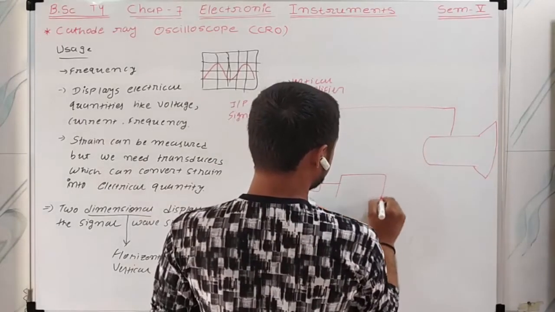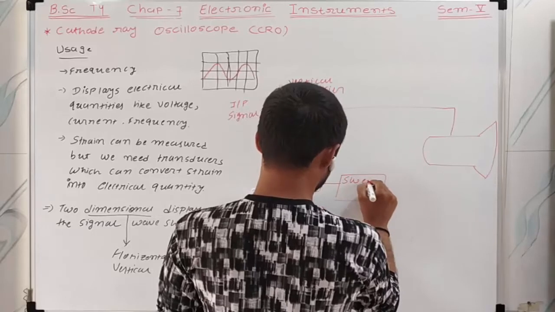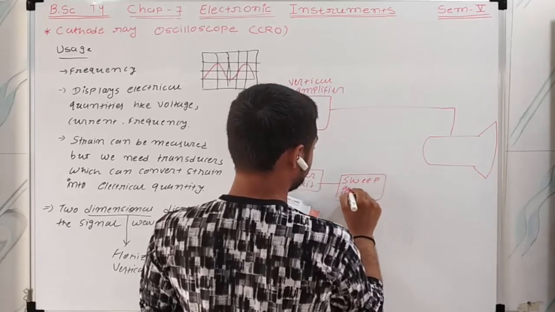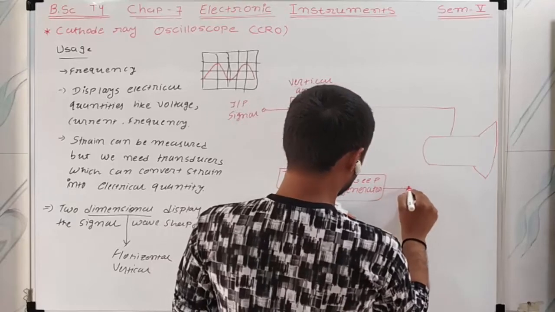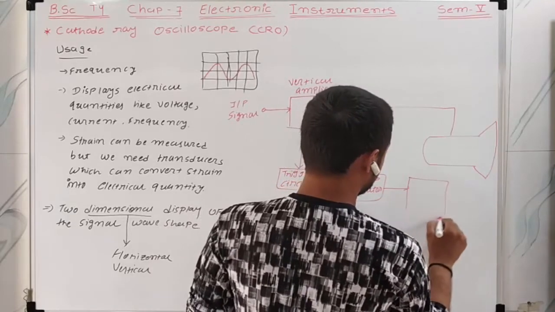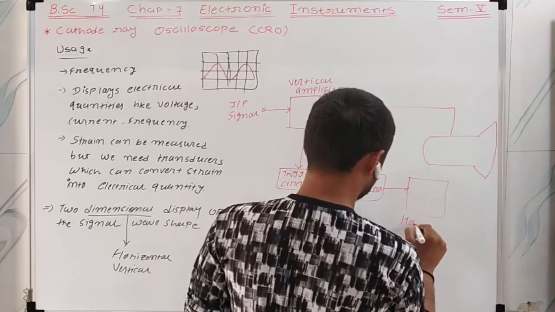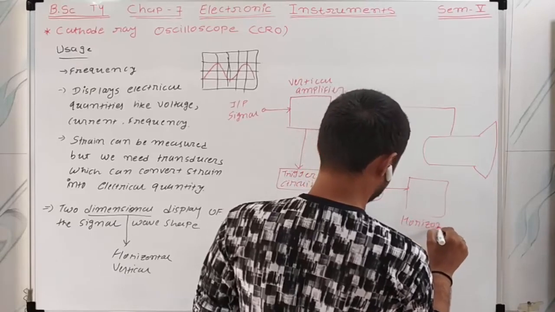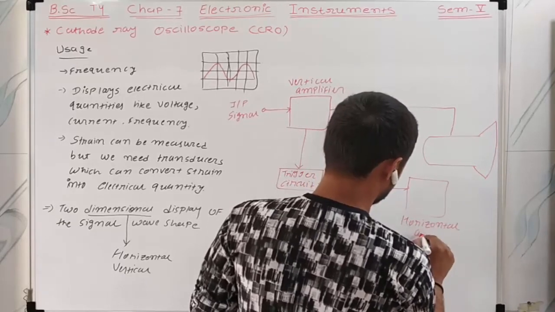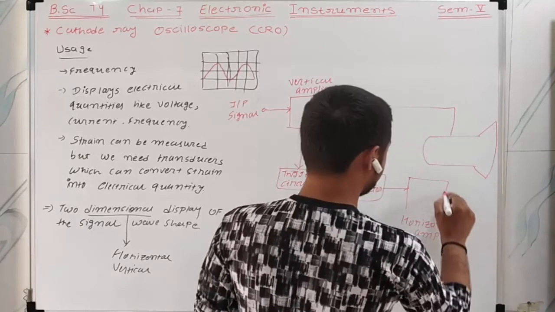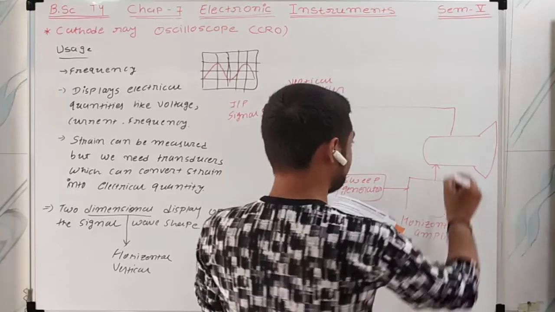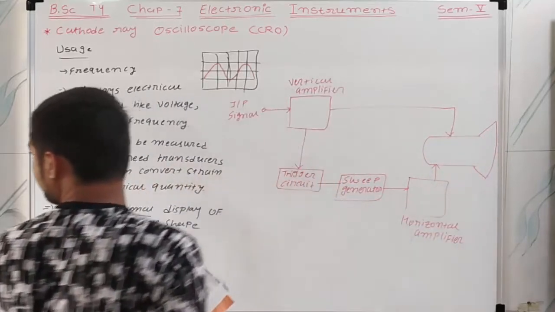Here it is the sweep generator. Here the horizontal amplifier, and this one is given to the CRT, right?